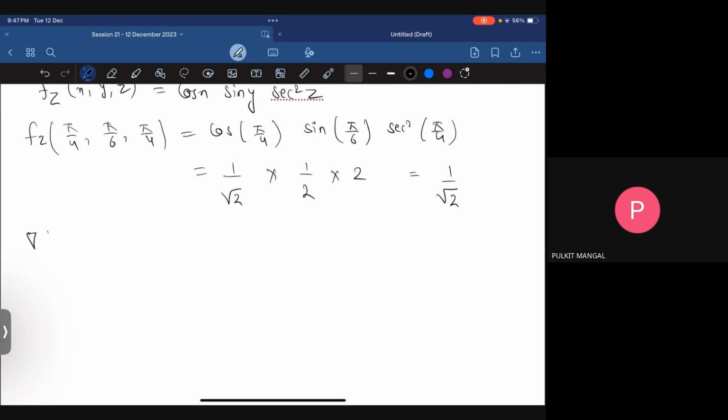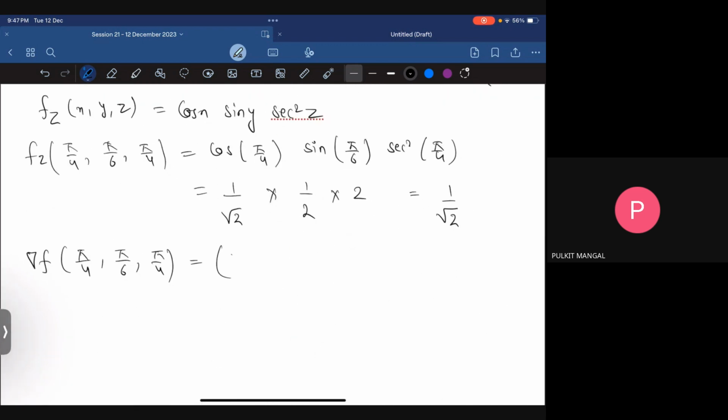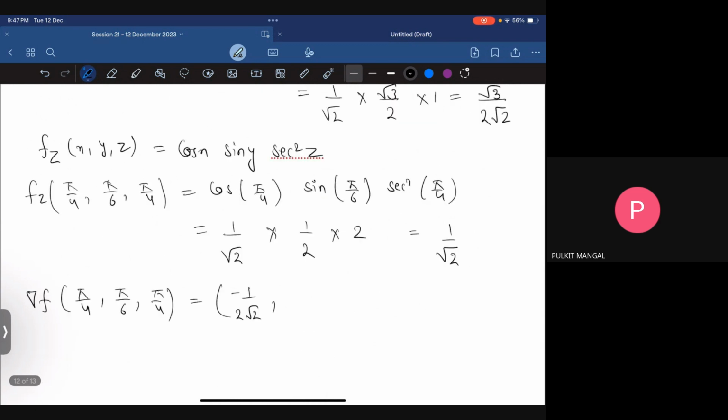So basically what we got as my gradient at the point pi by 4, pi by 6 and pi by 4 is negative 1 by 2 root 2, root 3 by 2 root 2, and 1 by root 2.